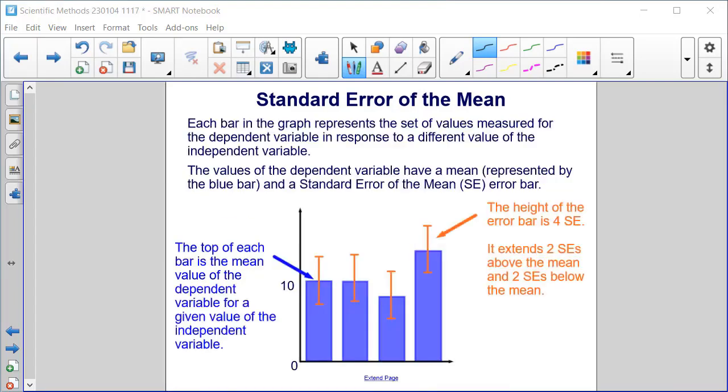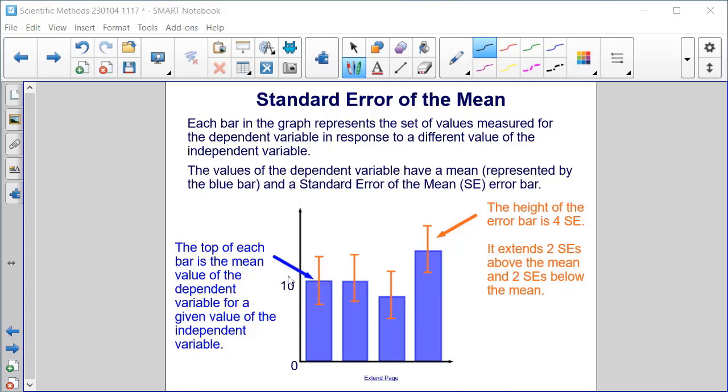Each bar in the graph represents the set of values measured for the dependent variable in response to a different value of the independent variable. The values of the dependent variable have a mean represented by the blue bar and a standard error of the mean, SE bar.